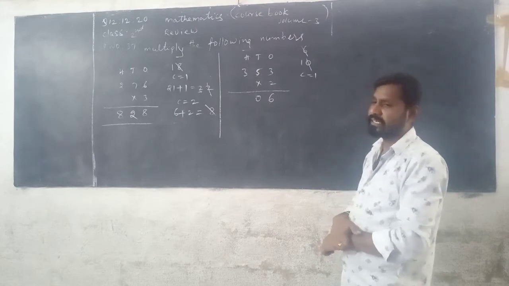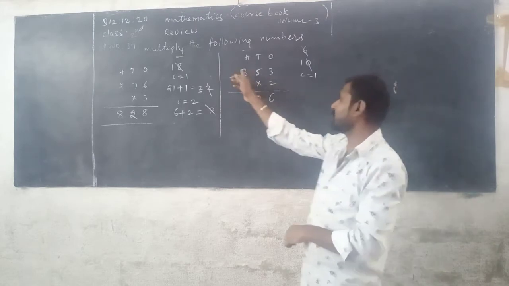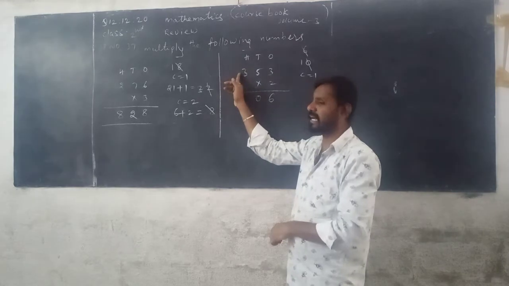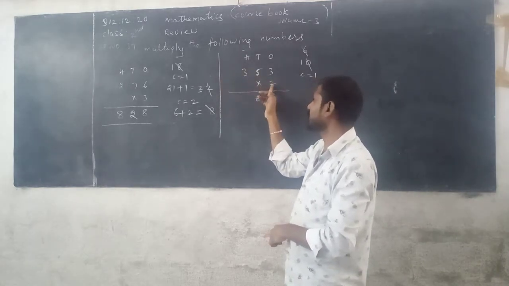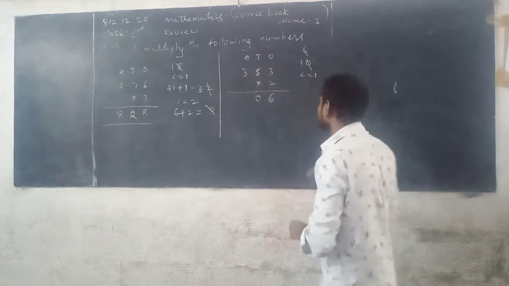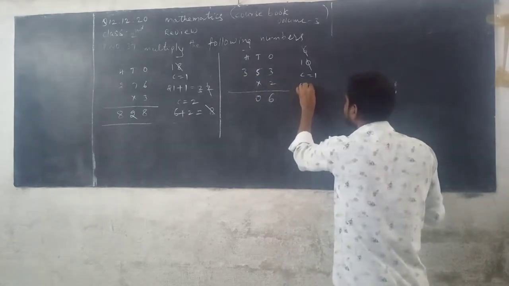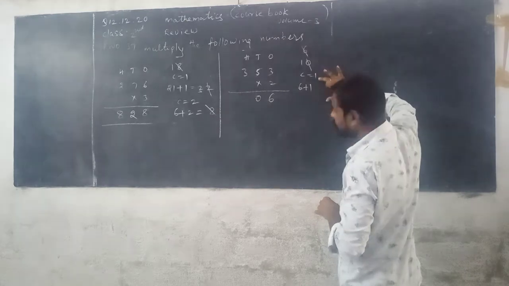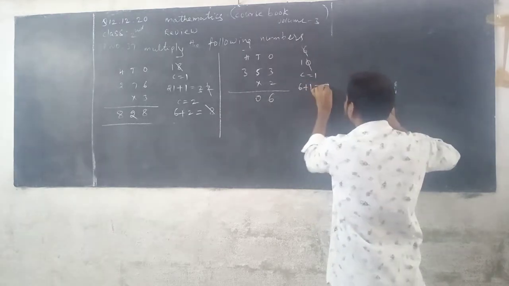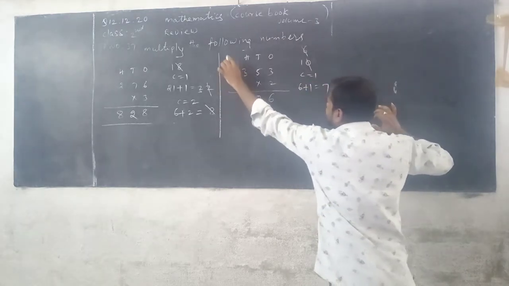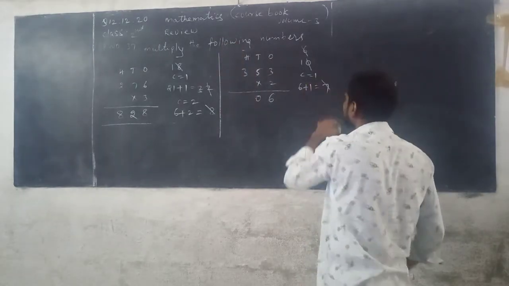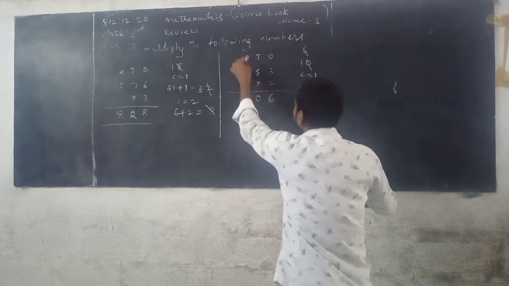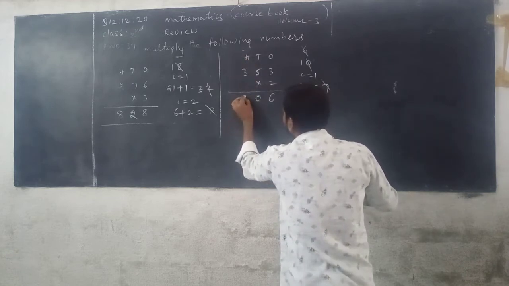Then next we multiply the digit in the hundreds place. Here 3 is in the hundreds place. 3 is multiplied with 2. 2 threes are 6. So 1 is added to 6. This is the previous carry. 6 plus 1 you can get 7. So this is the last place of the given number. Then you can write 7 directly in the hundreds place of the product.